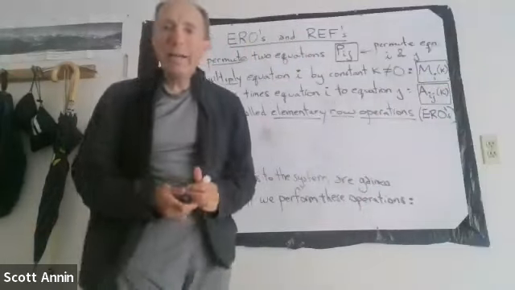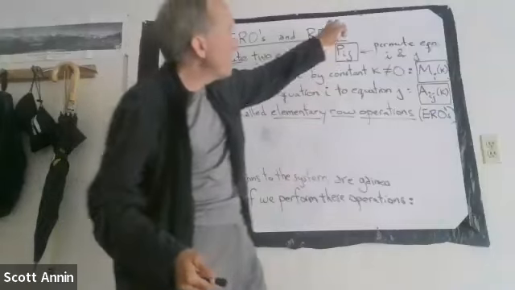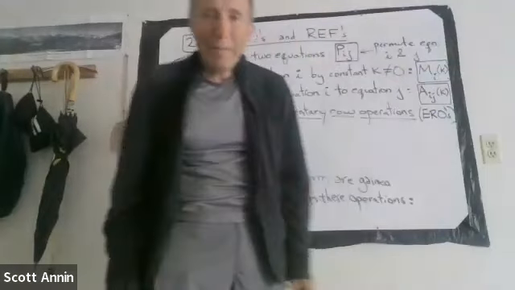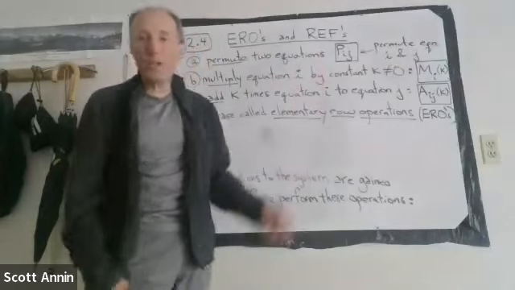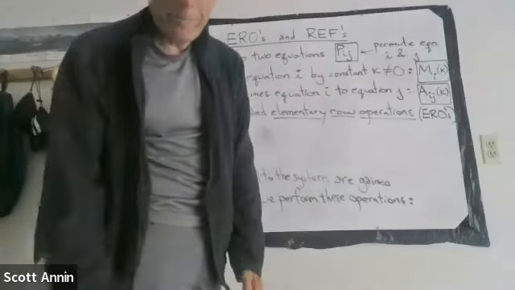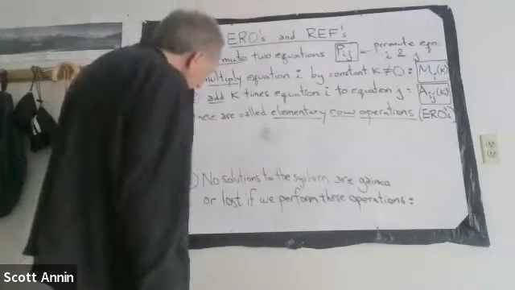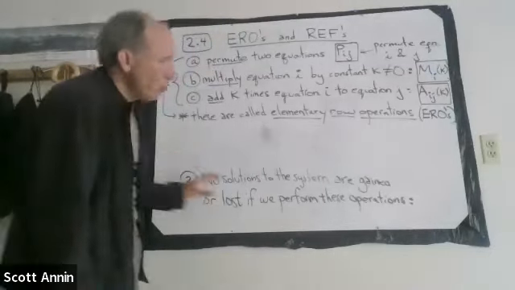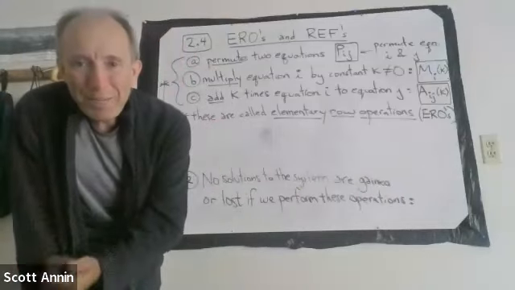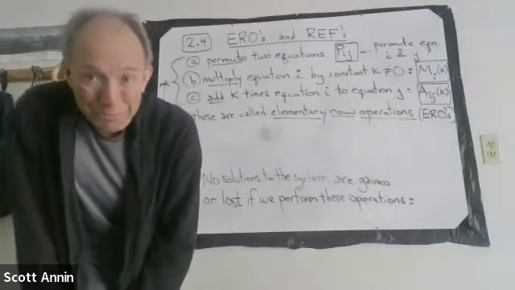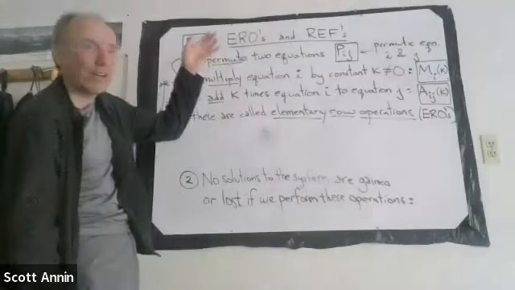I'm going to want everybody to kind of get on board with this and try to indicate or denote each step that they're doing with the corresponding ERO. Okay? So my second observation, no solutions to our system are gained or lost if we do EROs. Okay? And these are the EROs.